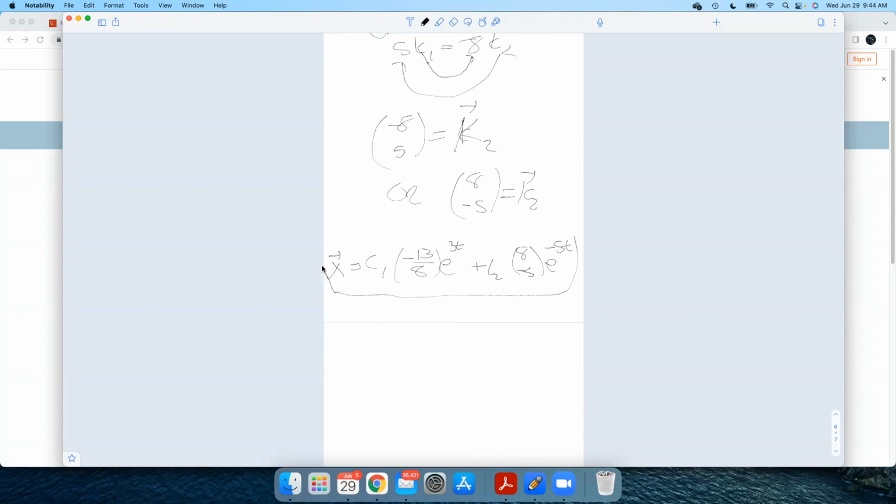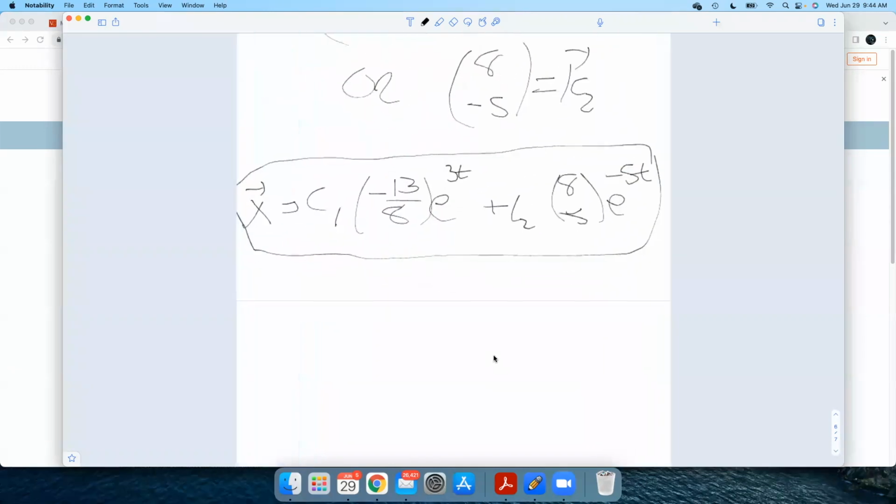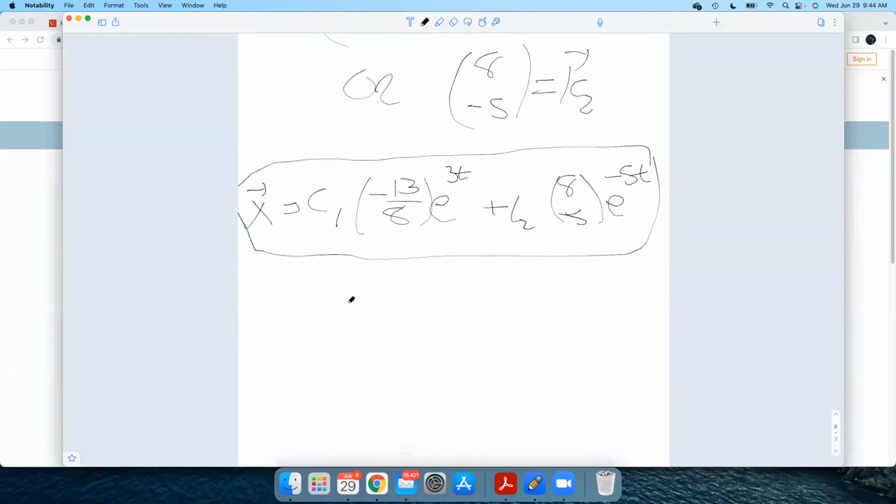There is my general solution. Now I have to solve the IVP. So I'll rewrite those here.